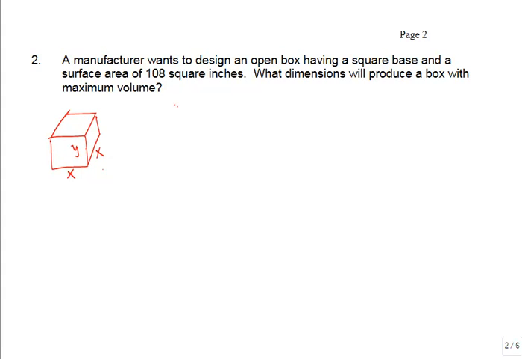Now let's talk about our objective function and our constraint equation. Remember that the objective is the thing that you're trying to either maximize or minimize. So look at your problem to see what quantity it is we're trying to maximize or minimize. And in this last sentence, it says we want maximum volume.